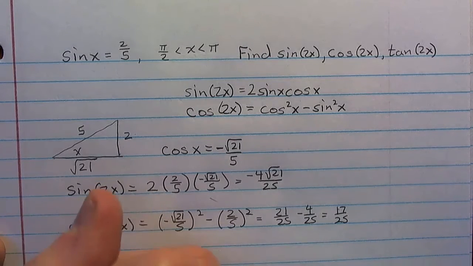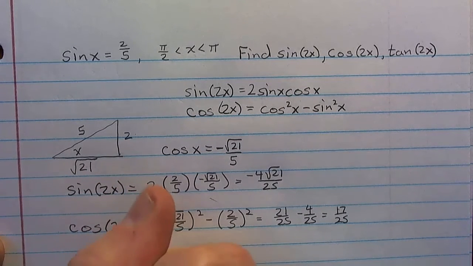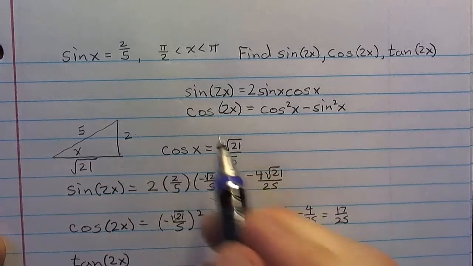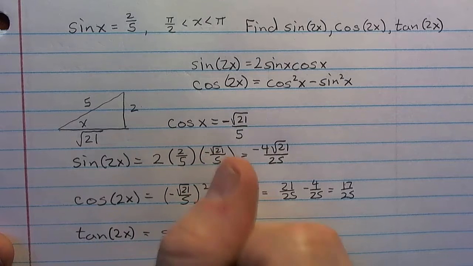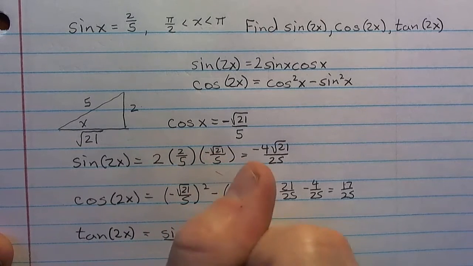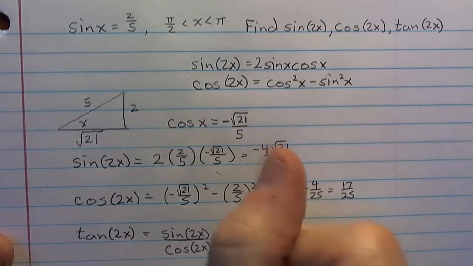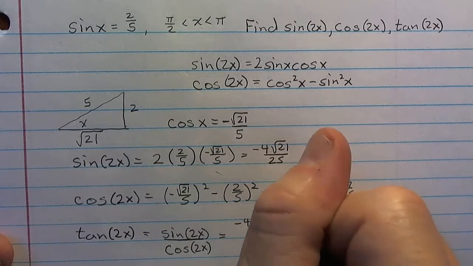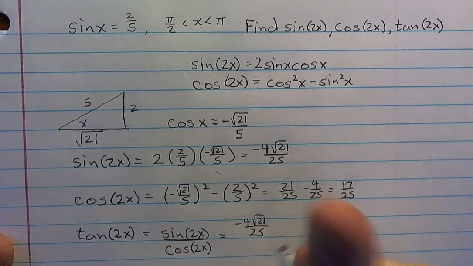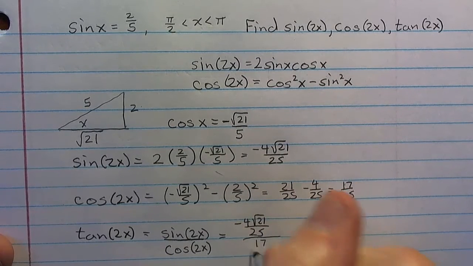Now I want to find tangent. I didn't give you a formula for tangent. I just gave you sine and cosine. However, you know that tangent is sine 2x over cosine 2x. So let's see what that's going to be. That's negative 4 square roots of 21 over 25 divided by 17 over 25.